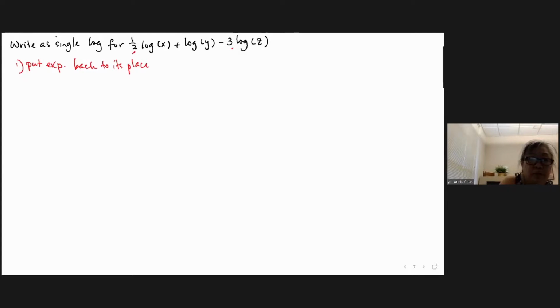So I will have log of x to the half plus log of y minus log of z to the third. Now what? So I want to work 2 at a time. Don't be a hero. This is not a time to be a hero. Work 2 at a time. I'm going to work with this 2.